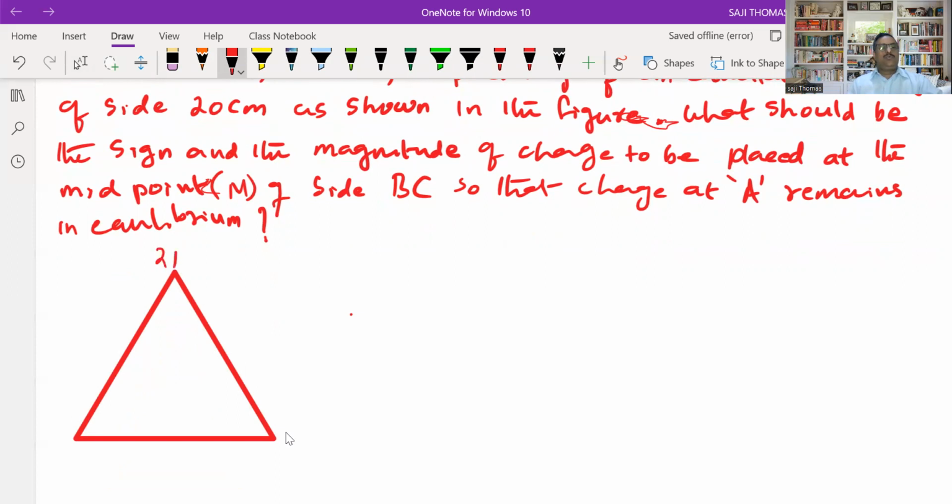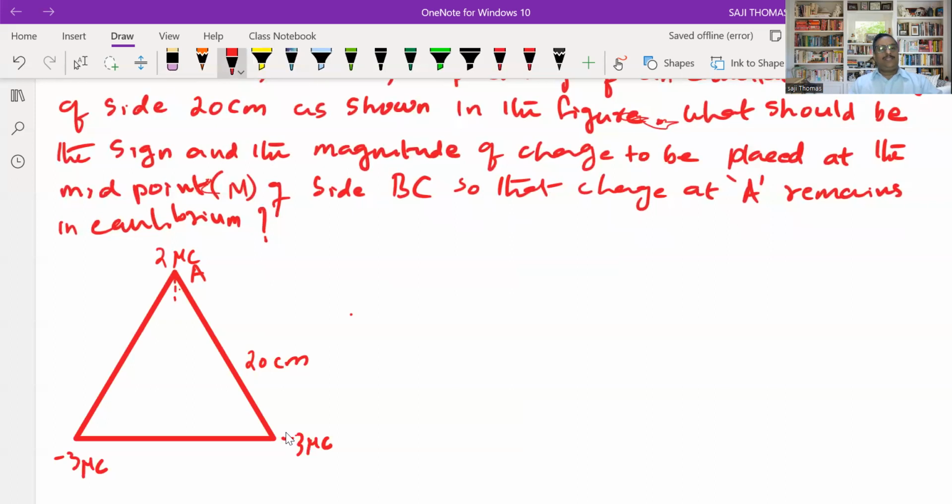This is 2 microcoulomb, and this vertex is A. Here is -3 microcoulomb, and here is -3 microcoulomb. The side is 20 centimeter.